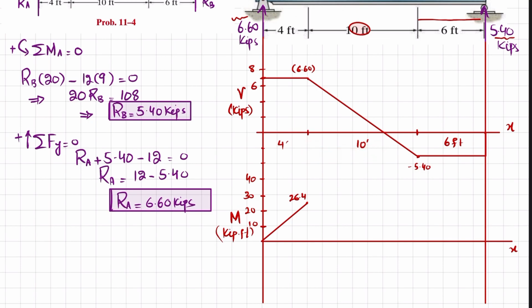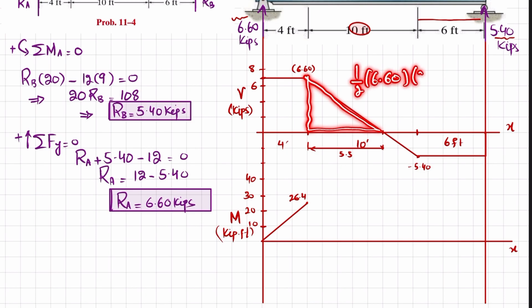You can also calculate it by putting x equal to 0 in shear force. For that you will need the shear force diagram. I'm going to write it directly. This is 5.5.